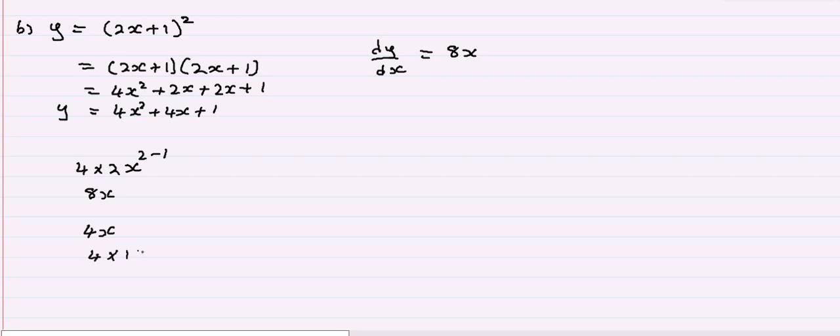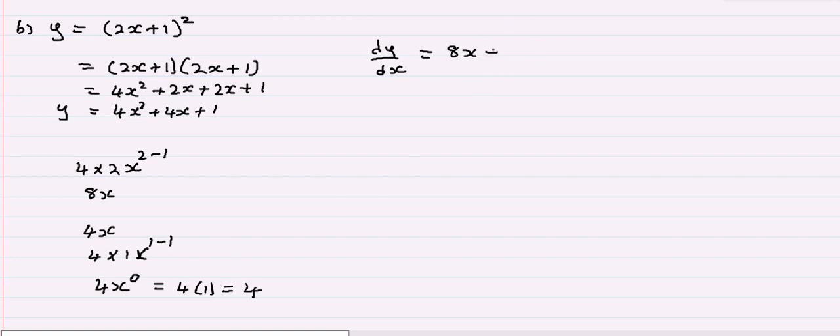Then the derivative of 4x, since the exponent of x is 1, this is the same as 4 multiplied by 1, x exponent 1 minus 1. 4 multiplied by 1 is 4, x exponent 1 minus 1 is 0. So any number to exponent of 0 is 1. This is the same as 4 multiplied by 1, which is 4.